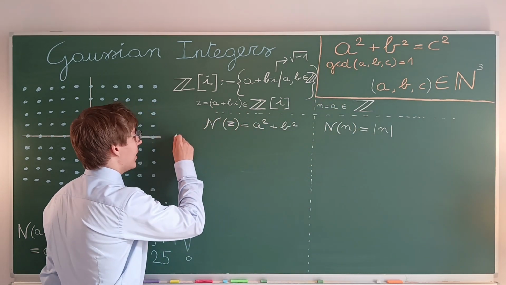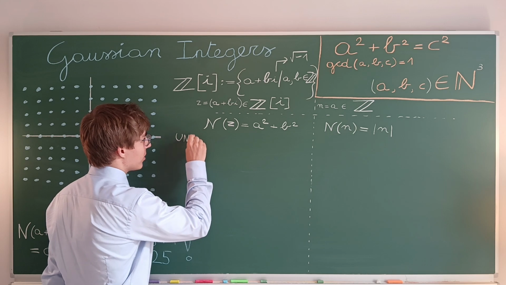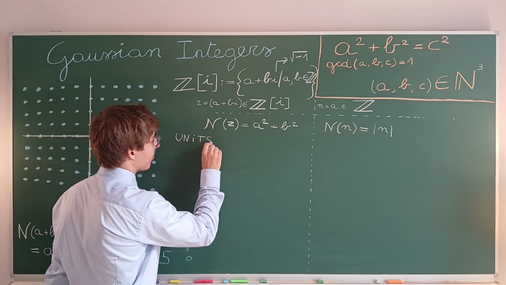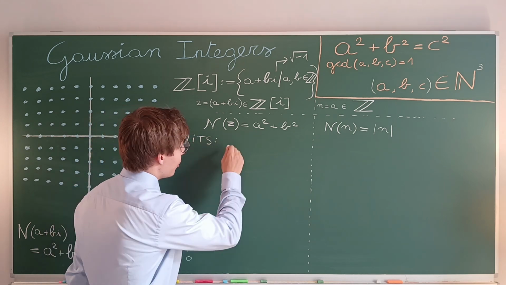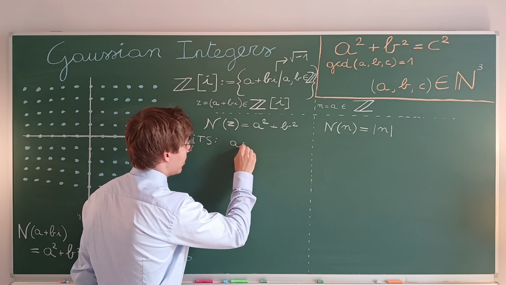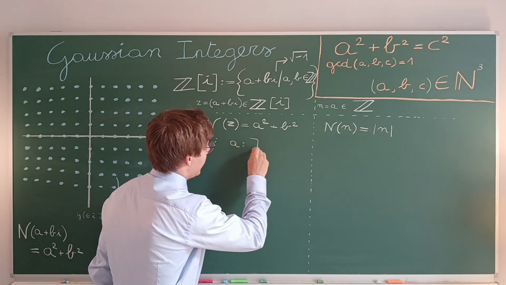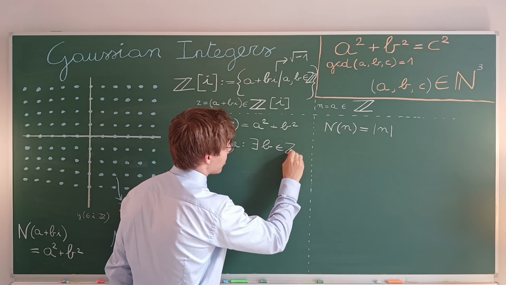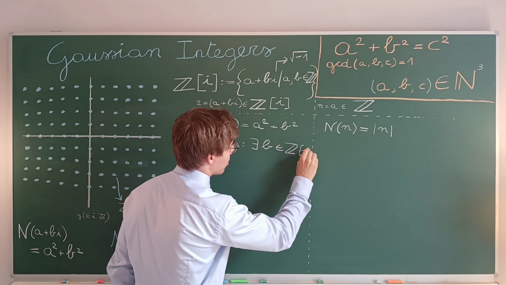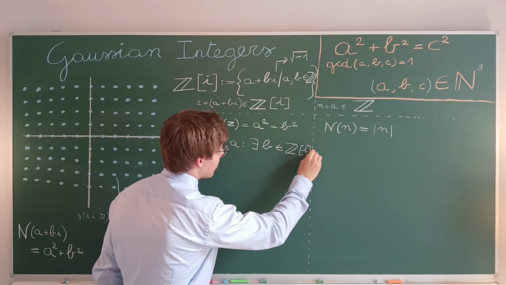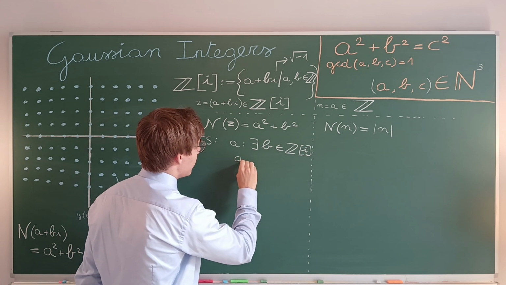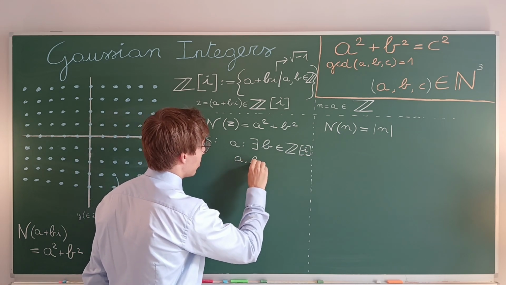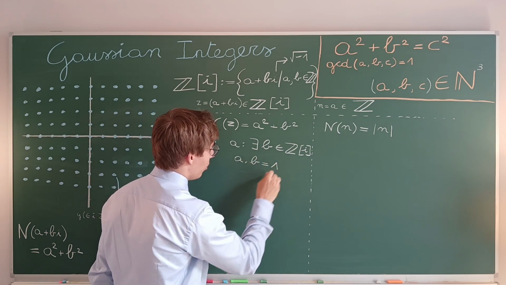And then we are going to look at what we call units. So a unit a is defined as follows: there exists a b in the Gaussian integers such that a times b is equal to 1.